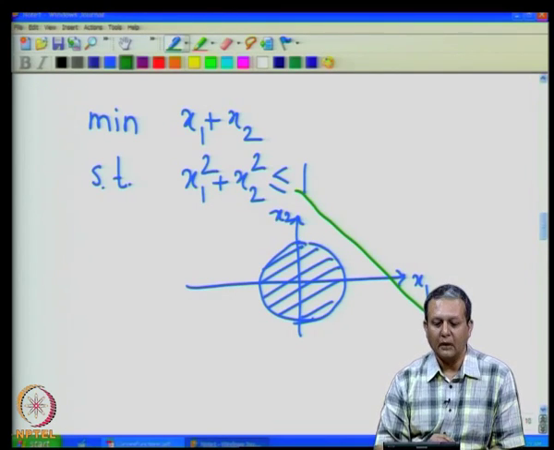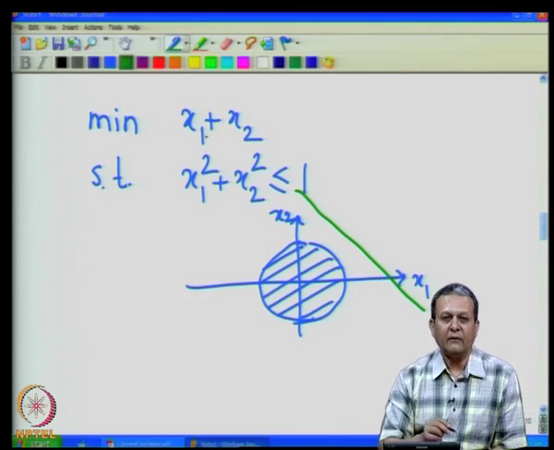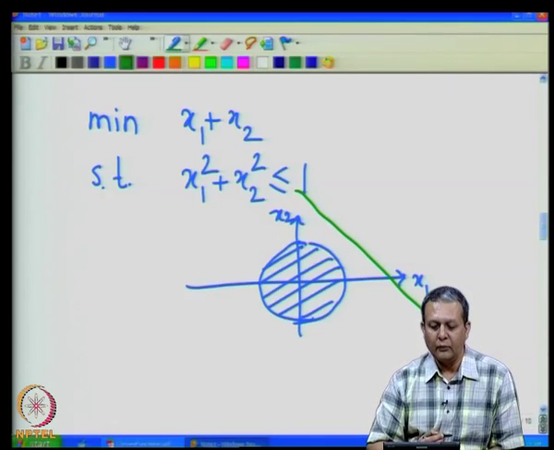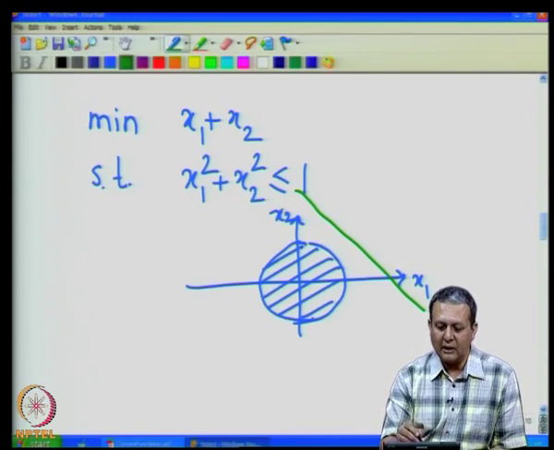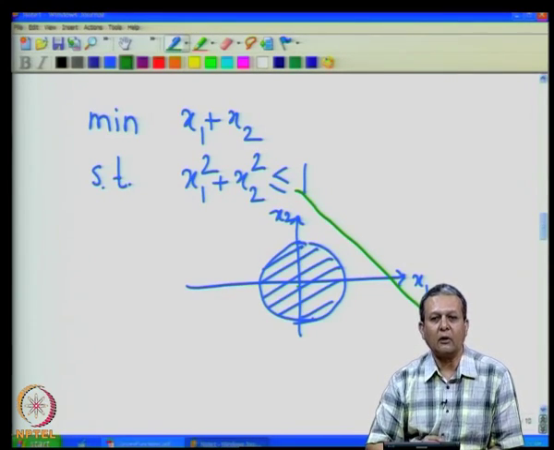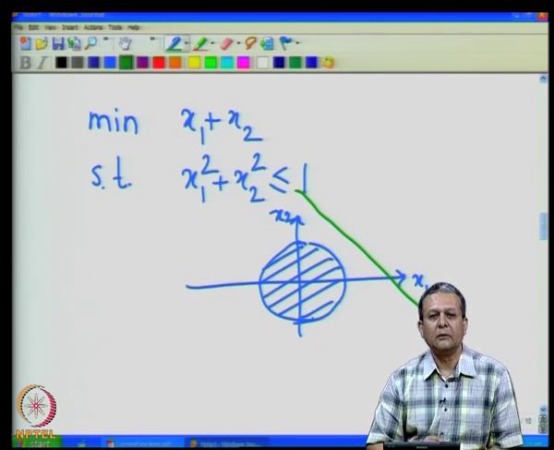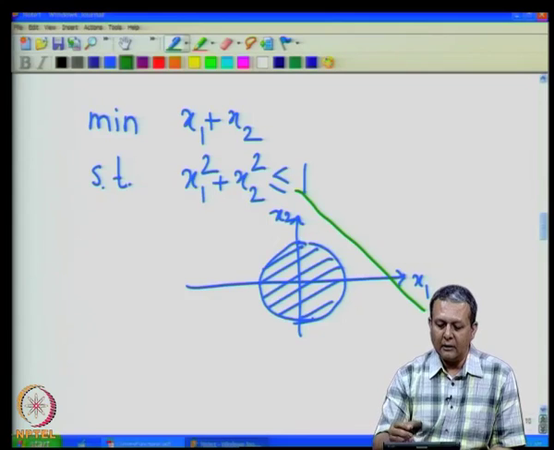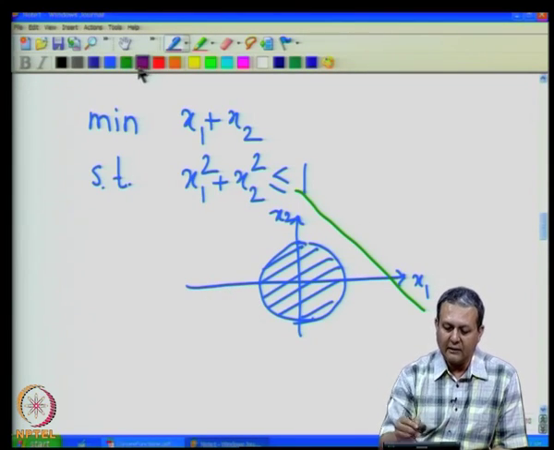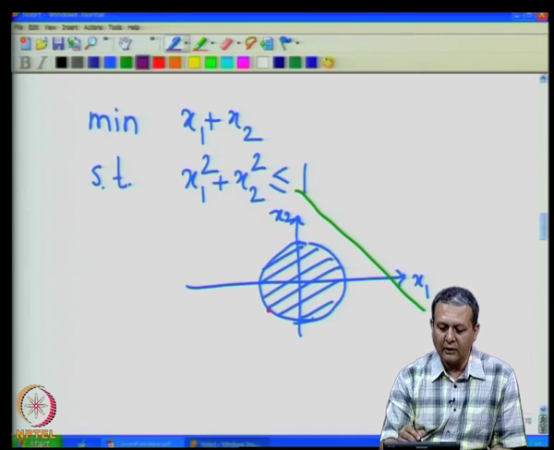Now, you will see that this is an affine function, so it is a convex function. The constraint set is also a convex set, the points on the boundary as well as the interior of the circle. So, the constraints form a convex set, and this is a nice convex programming problem. You will see that the minimum of this function lies at some point somewhere here.